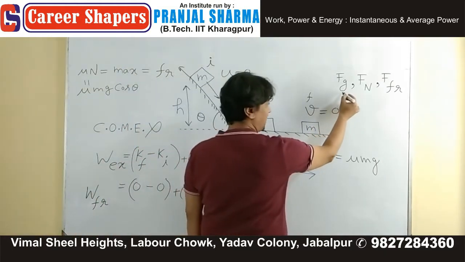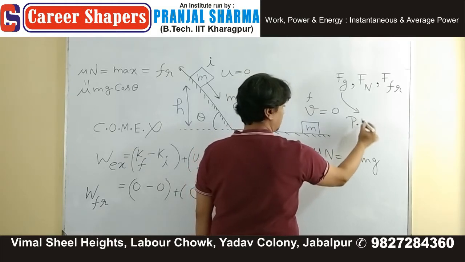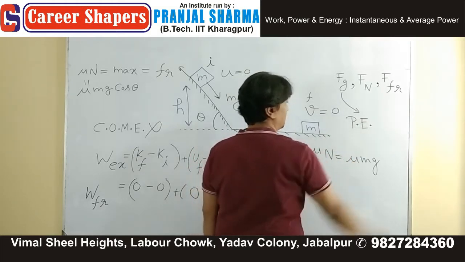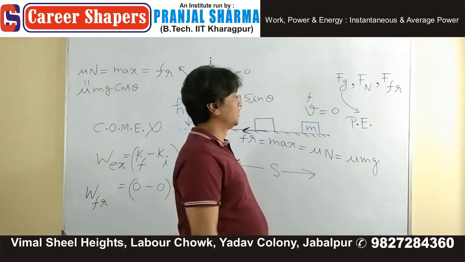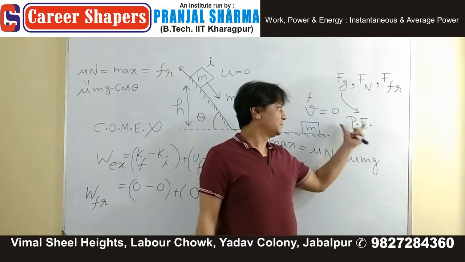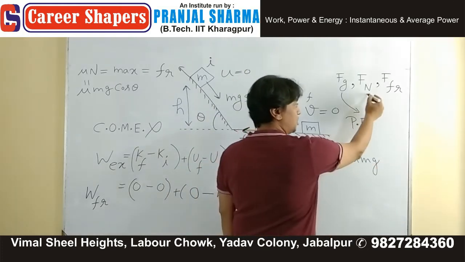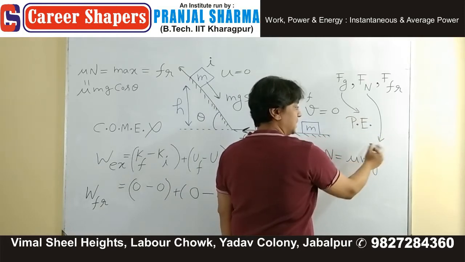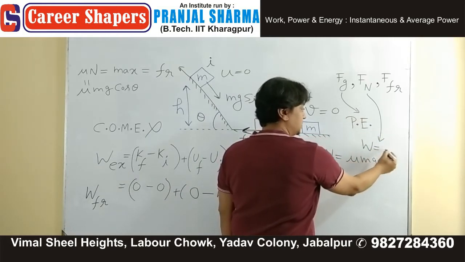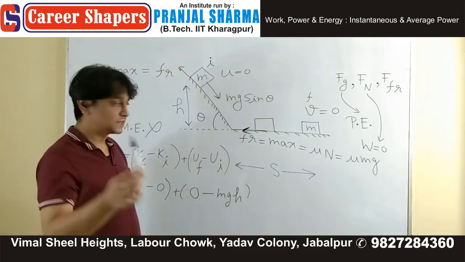For force of gravity, we are using potential energy. And just because of this, अब आप इसका वर्क काउंट नहीं करोगे. नॉर्मल रिएक्शन, इसका वर्क जीरो है. नॉर्मल रिएक्शन इज एन एक्सटर्नल फोर्स, लेकिन इसका वर्क जीरो है.